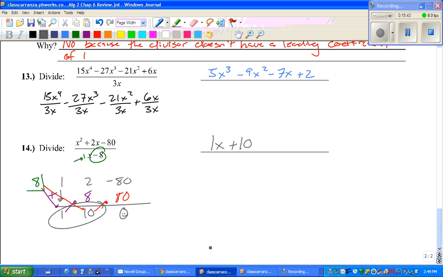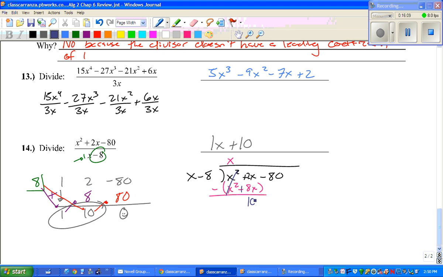Okay. Now, if you want to see the other way to do that, I guess I can do that real fast. x squared plus 2x minus 80, divided by x minus 8. You get 1x up there, so you get x squared minus 8x. Remember that you're subtracting all of that.